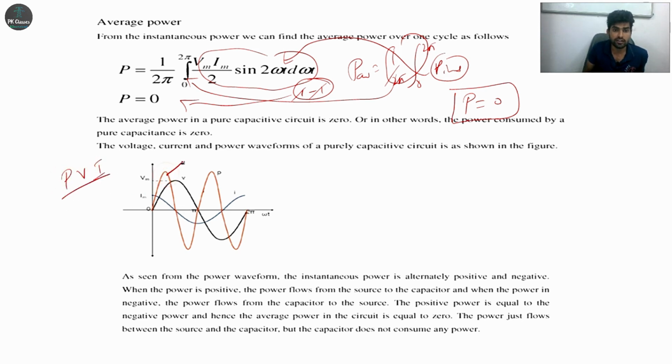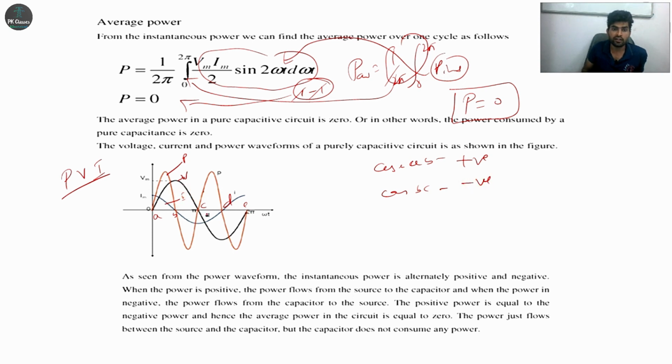Let's see the waveform of power, voltage and current of the capacitor. This is power, this black line is voltage, and the blue line is current. I'll mention intervals A, B, C, D, E. In case A to B, voltage and current are both positive, power is VI, so positive power. B to C, voltage is positive, current is negative, so negative power.